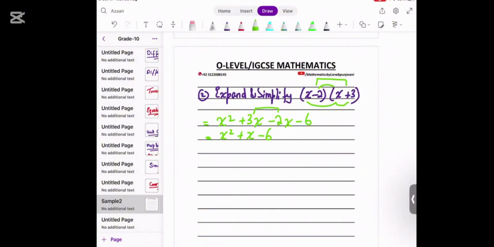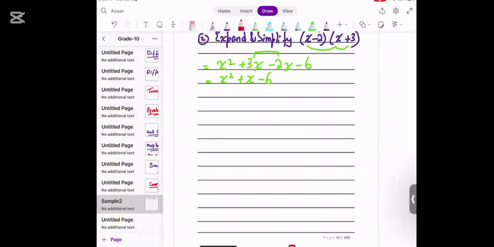Okay. So now the topic is factorize. We have to factorize the question or simplify the question. We already know simplification. Now we will see how to factorize using middle term break. The concept is factorization, or you can say middle term break.